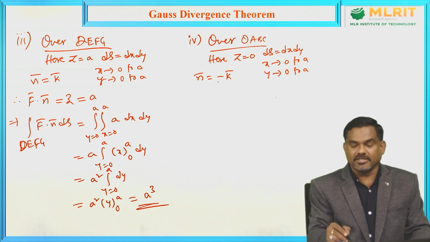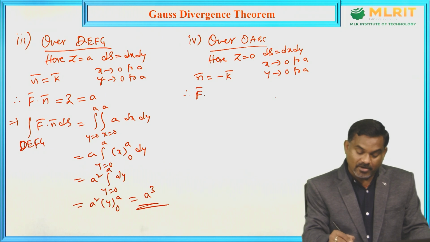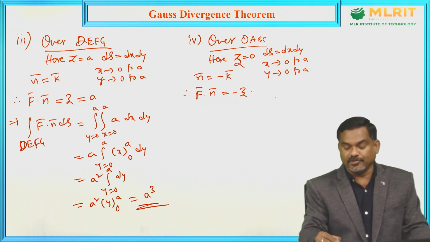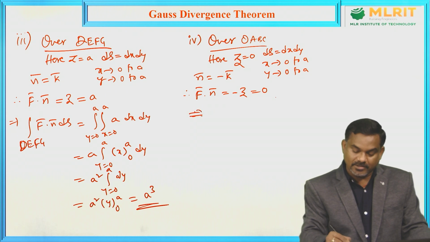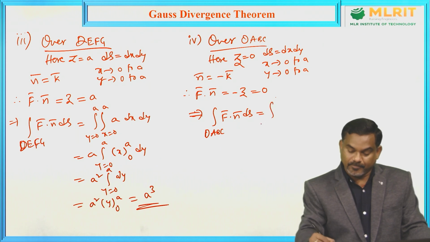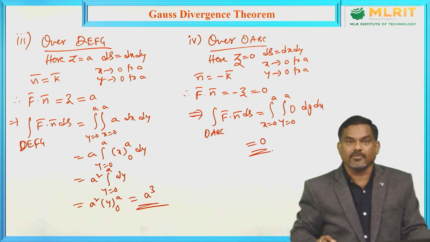Along the negative z axis, the unit vector is minus k bar. So therefore f bar dot n bar is minus z, but z at this face is 0. So over the face OABC, f bar dot n bar ds is the integral x from 0 to a, y from 0 to a, of 0 dy dx. So the answer is 0.